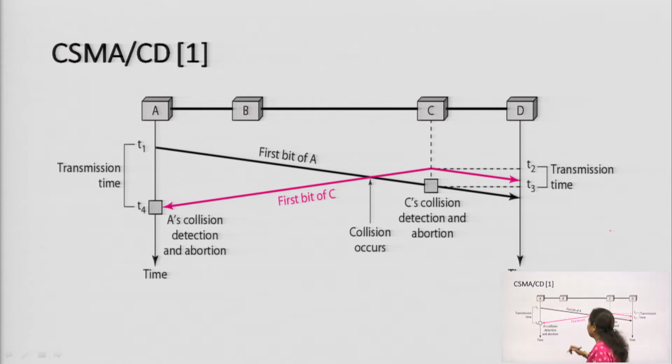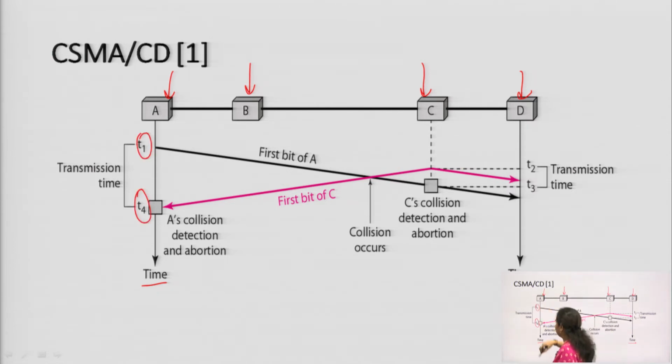Now, you can see over here that there are 4 different stations, that is A, B, C, D. These have their transmission times, checked from T1, T2, T3 and T4. At point T1 the first bit of A has been transmitted and received over here.